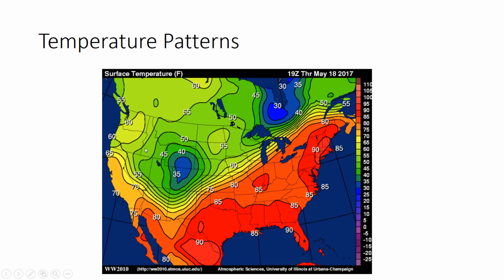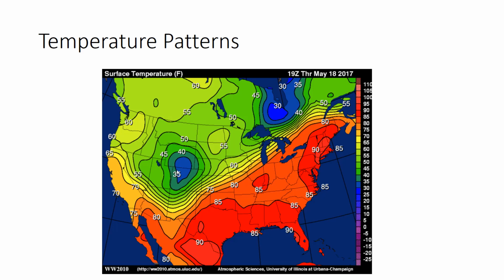Meanwhile, the western half, particularly across the Four Corners, so that's Utah, Colorado, Arizona, and New Mexico, as well as much of the Rocky Mountain region. So here's Wyoming. Here's where the coldest temperatures are in the lower 48.